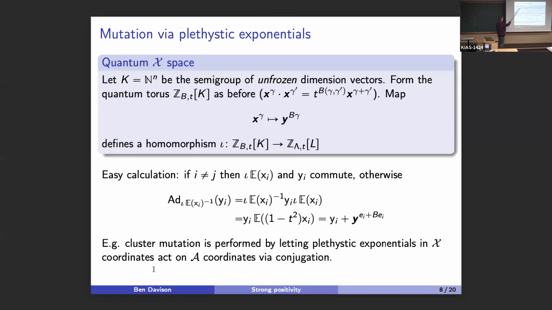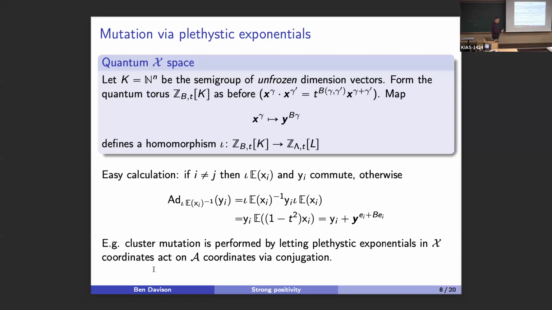So the punchline is that cluster mutation and also quantum cluster mutation is performed by taking expressions in x in here, taking plethystic exponentials in here, and then letting them act on this ring by taking conjugation. And we know it works for doing one cluster mutation, but cluster mutation is an iterative procedure. So if we want to do more than one cluster mutation, you just take more than one of these expressions.